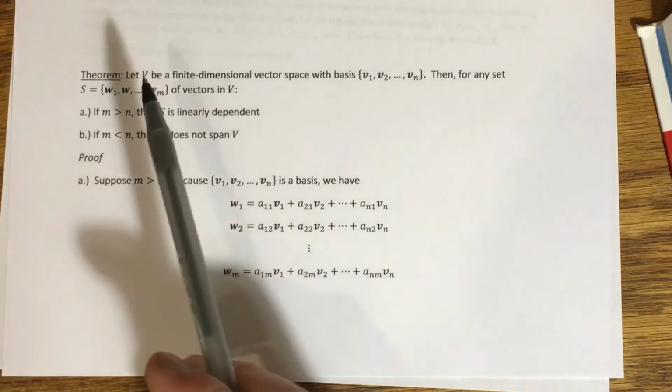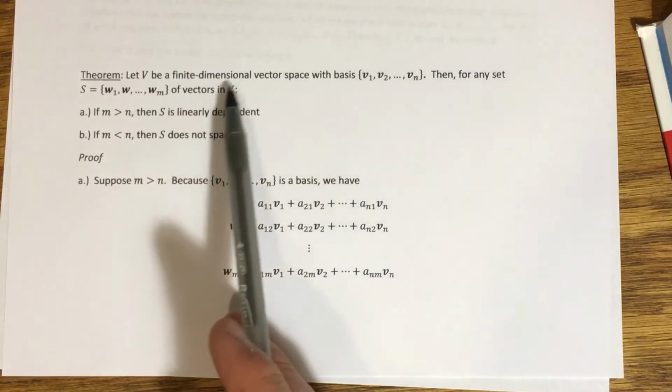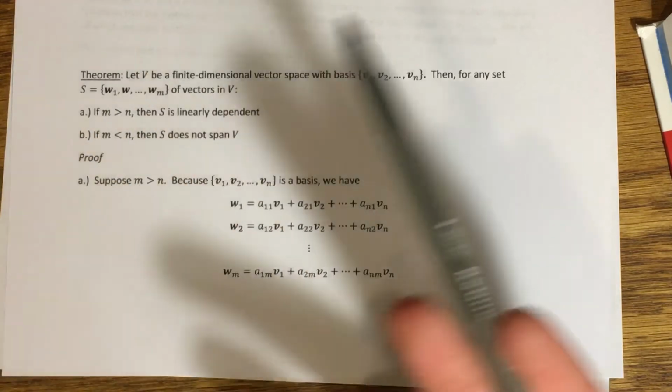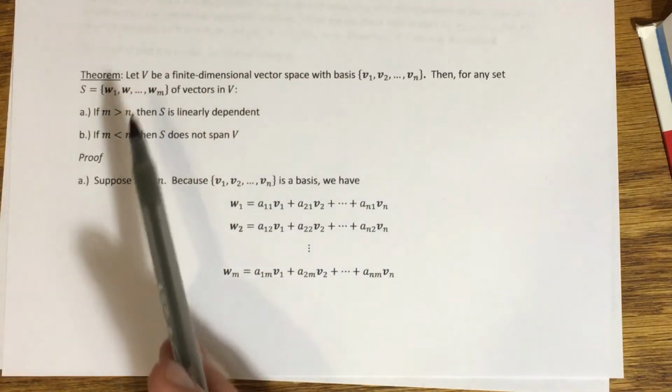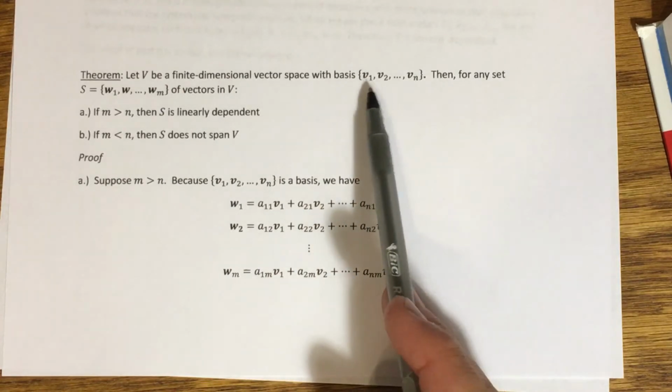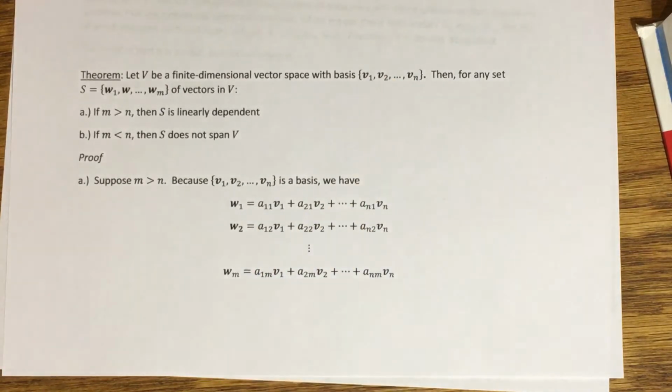So V is going to be a finite dimensional vector space, which, remember, means there exists some finite spanning set for that vector space. And it's going to have the following basis, V1 through Vn. One thing I didn't say previously, and you probably didn't even think to question this yet, just because this is a new concept, but I never said that every vector space has a basis.